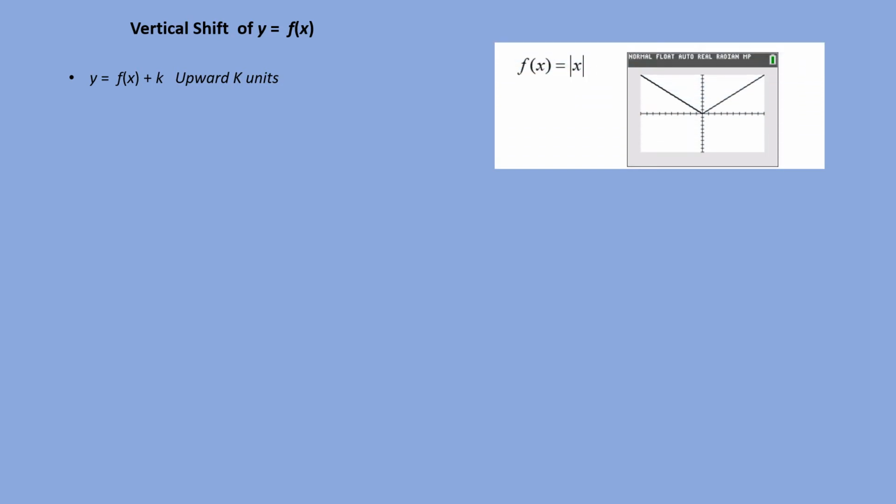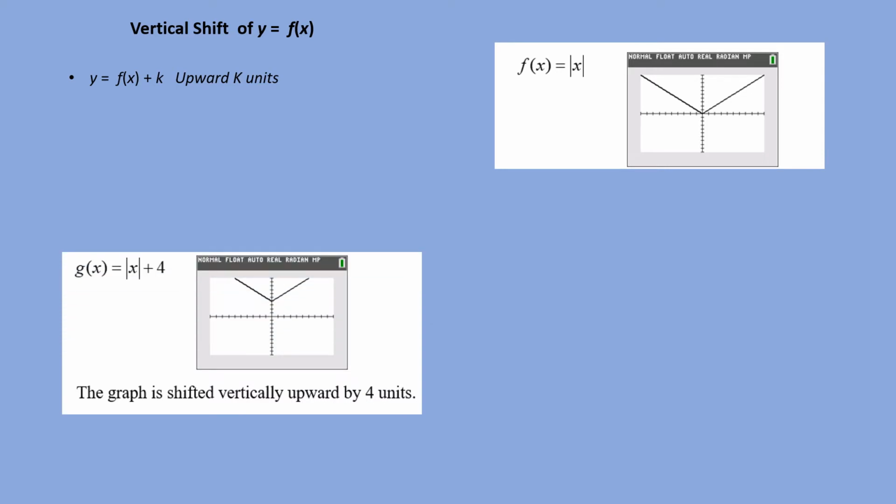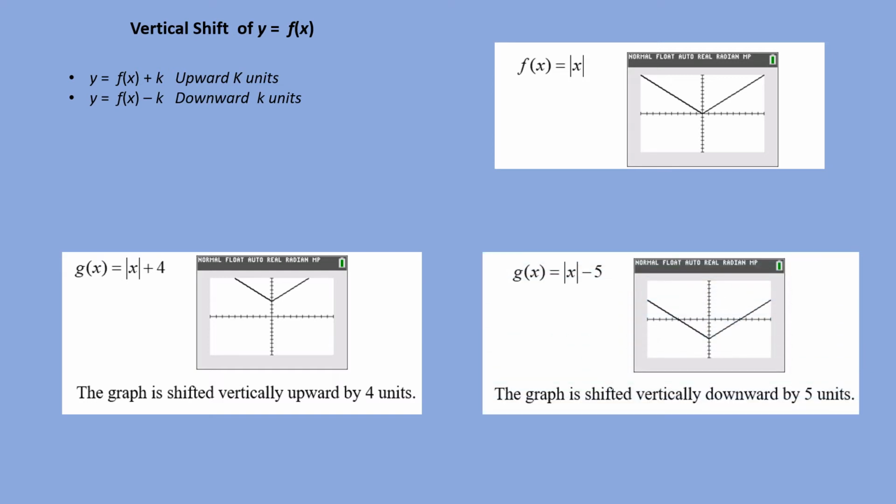That is, if a function f of x is given like this, it will be shifted vertically upward by k units. In this case, if I'm adding 4 to this, it will be shifted up by 4 units. The same way, if I subtract k, it will be shifted down by the same units. Whatever I have, minus 5, is shifted down by 5 units.